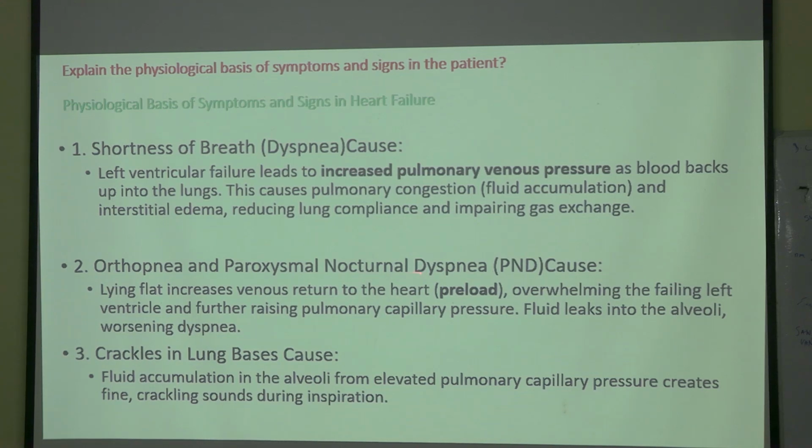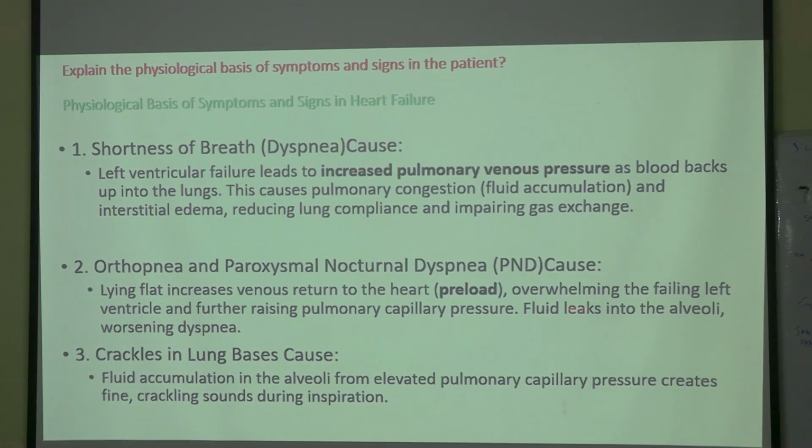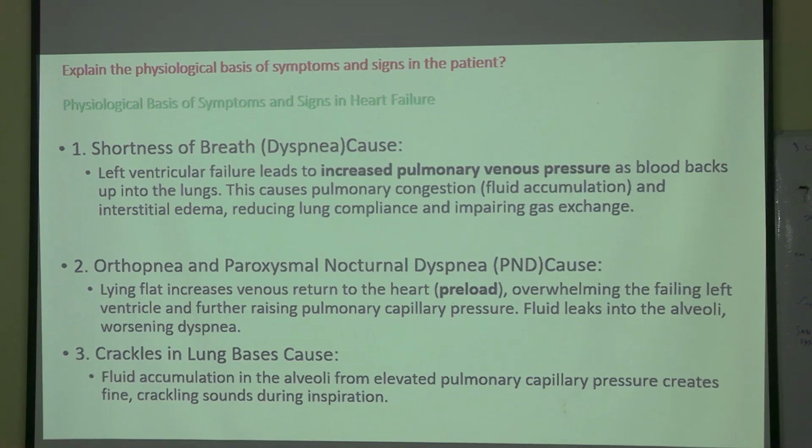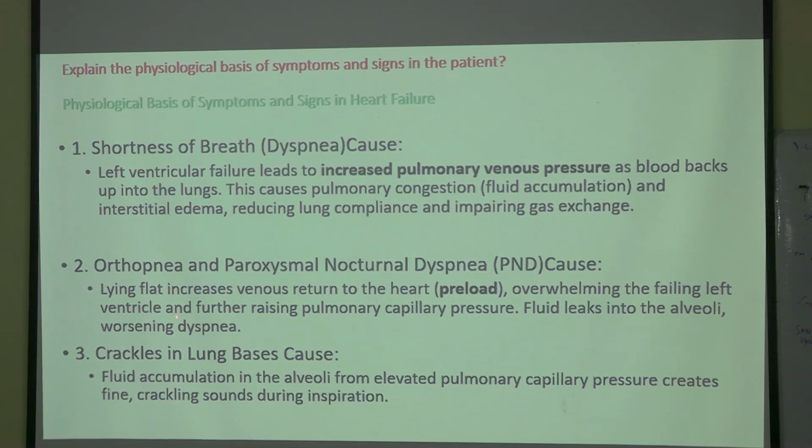This particular case is mainly involved with the abnormality in the filling process, right? That further raises the pulmonary capillary pressure. It also involves fluid leaking into the alveoli, which worsens the dyspnea. And this dyspnea is an important clinical sign of heart failure.